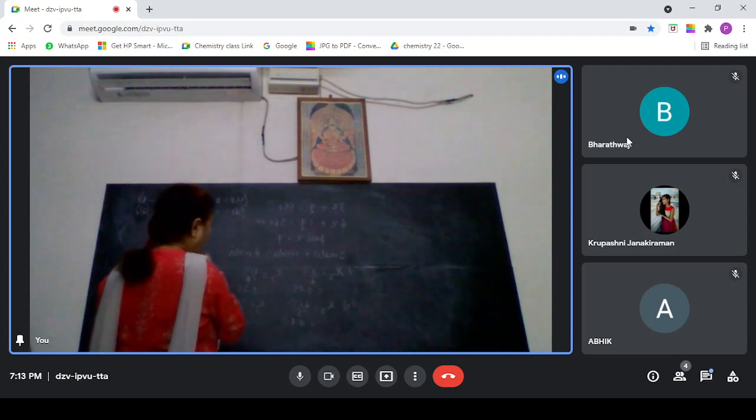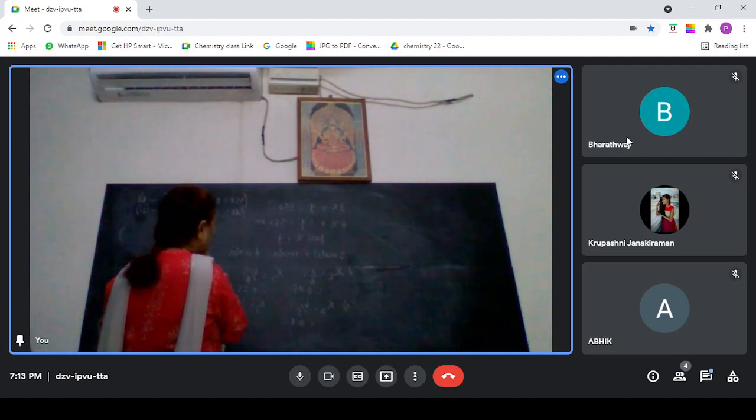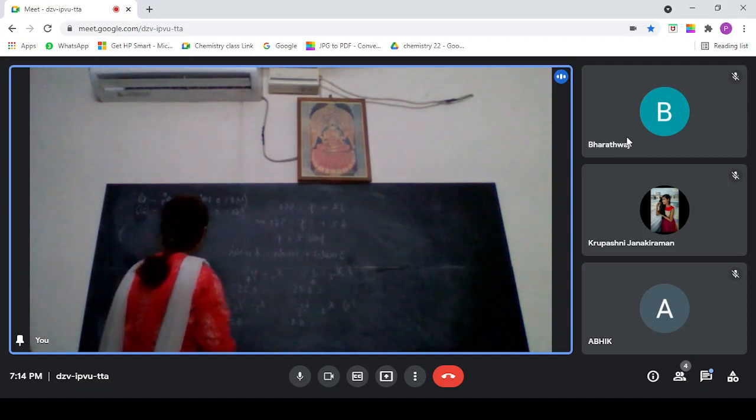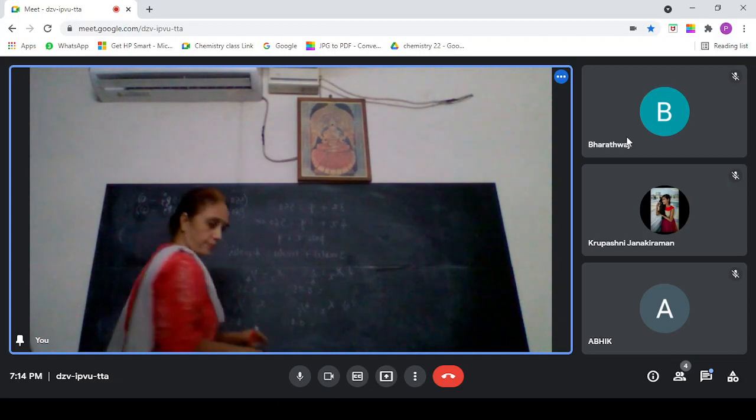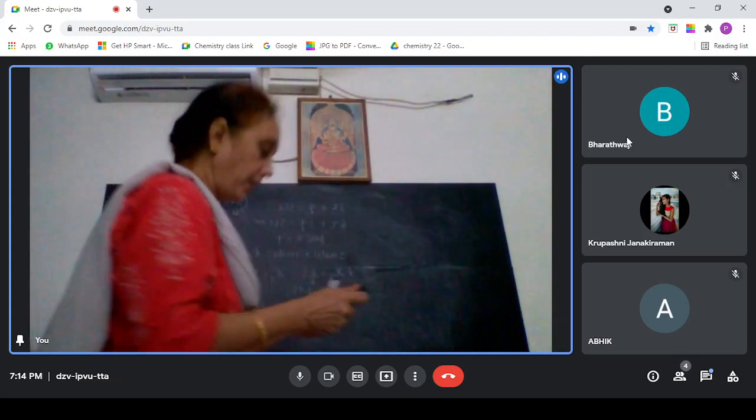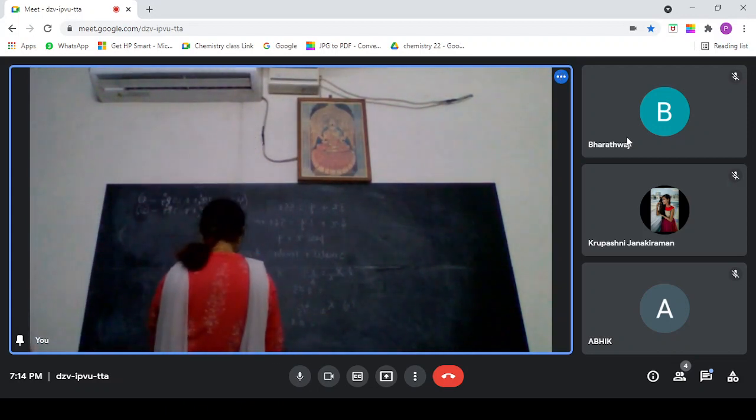If you keep it in fractions, it will be like that. That's 110, 140. Simplify. I will do it on the board and see.